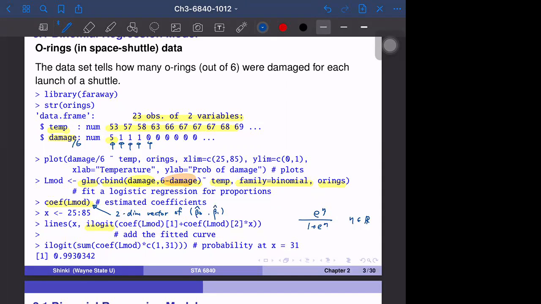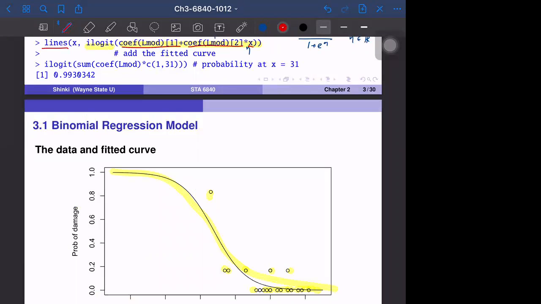We put the predicted value, the eta value, inside this function: the intercept plus beta 1 hat times x, then we transform by the inverse logit function. Then we use the lines function, and we can draw this fitted curve.